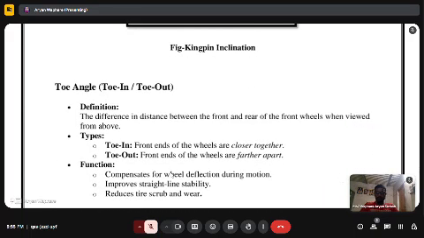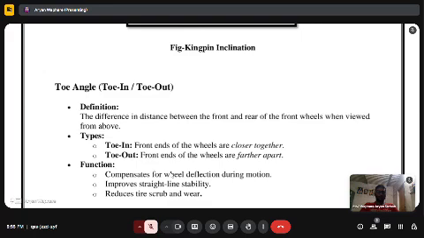Toe angle. There are two types of toe angle: toe in and toe out. The definition of toe angle: it is the difference in distance between the front and rear of the front wheels when viewed from above. Toe in: the front ends of the wheels are closer together.